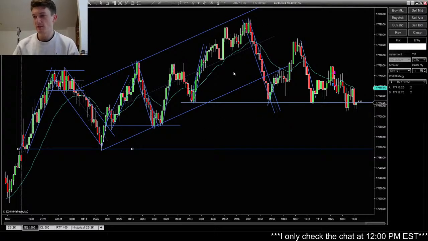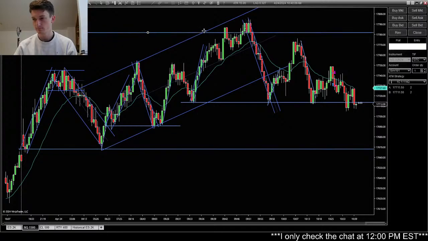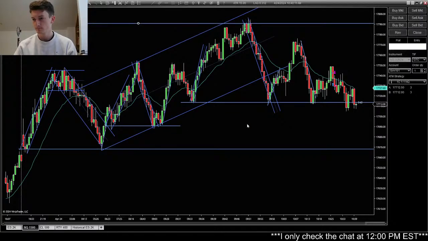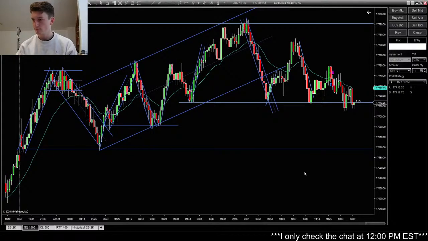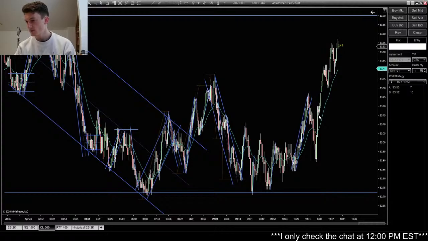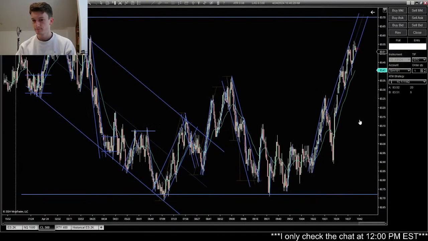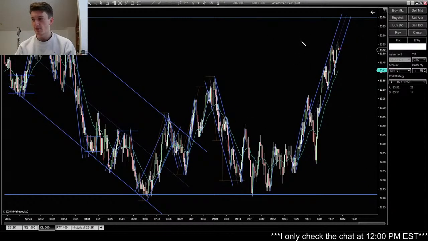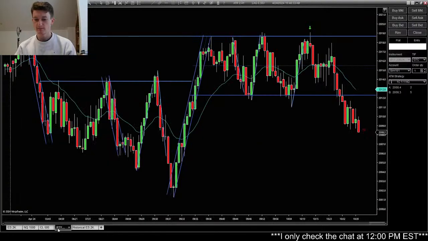Could end up just being a range on ES as well. CL is moving up strongly, possibly creating a spike and channel up. Looks like we're headed to test the overnight highs there.